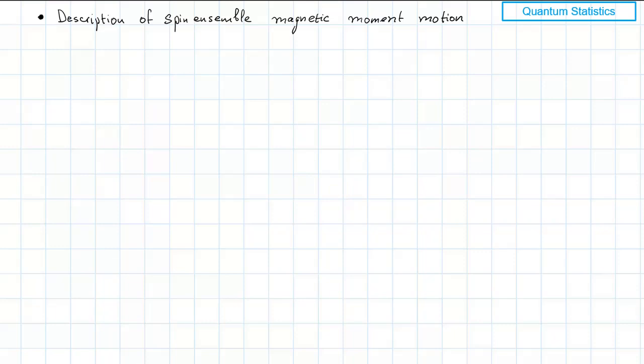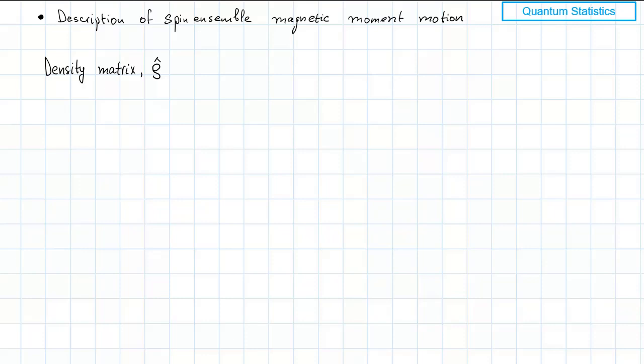Now I want to show another description of magnetic moment precession based on quantum statistics, which is basically an elaboration of the quantum mechanical approach. In quantum statistics, the state of a large system which consists of an ensemble of equivalent elementary systems is described by the density matrix instead of the wave function.